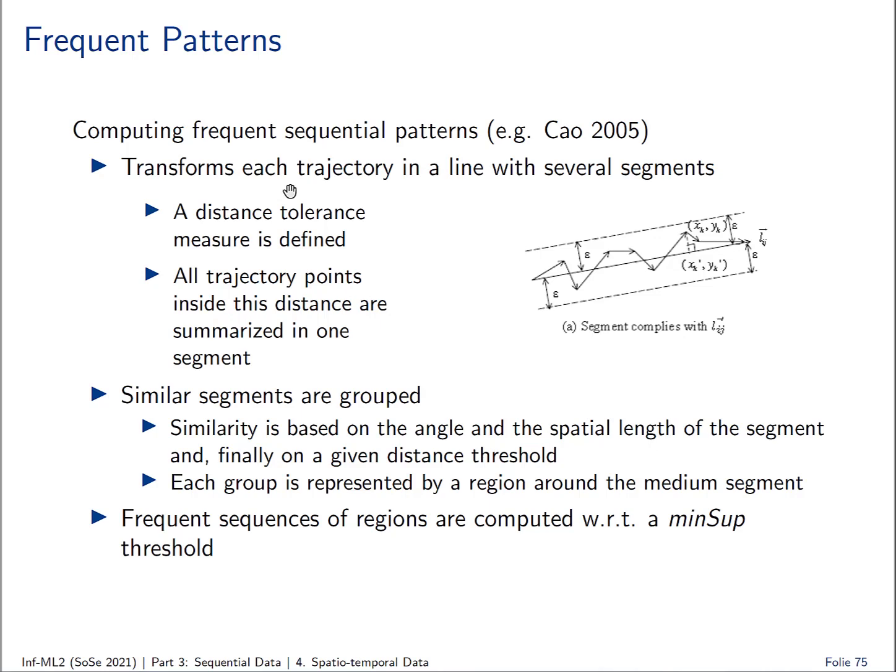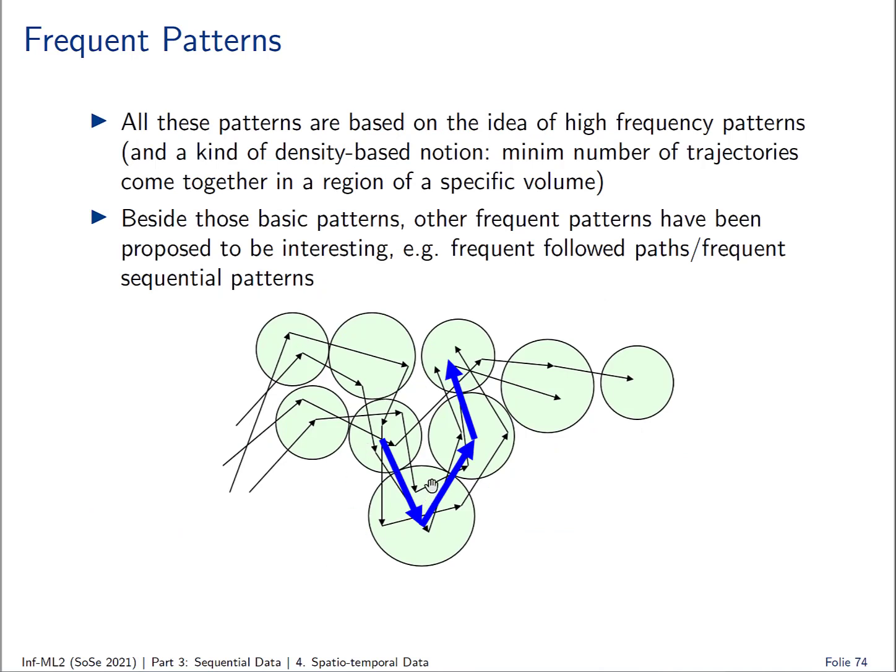The basic idea here is to transform each trajectory into a line with several segments. If you look at this one here, the question is, how can you actually grasp the trend of these different trajectories? They are not the same, but they somehow follow some higher order path, which is given here maybe by these blue arrows. Maybe here would also be a good blue arrow.